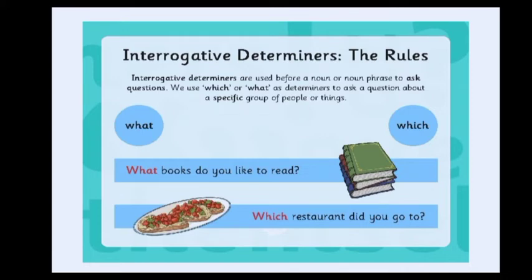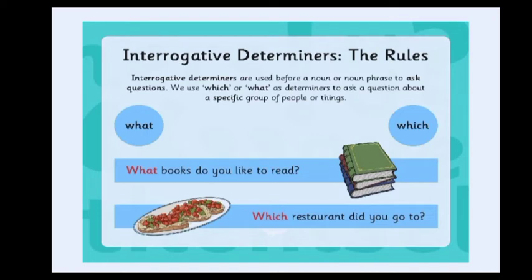So such determiners which ask questions in a specific sentence are your interrogative determiners. Interrogative determiners are used before a noun or a noun phrase to ask questions. We use which or what as determiners to ask questions about a specific group of people or things.